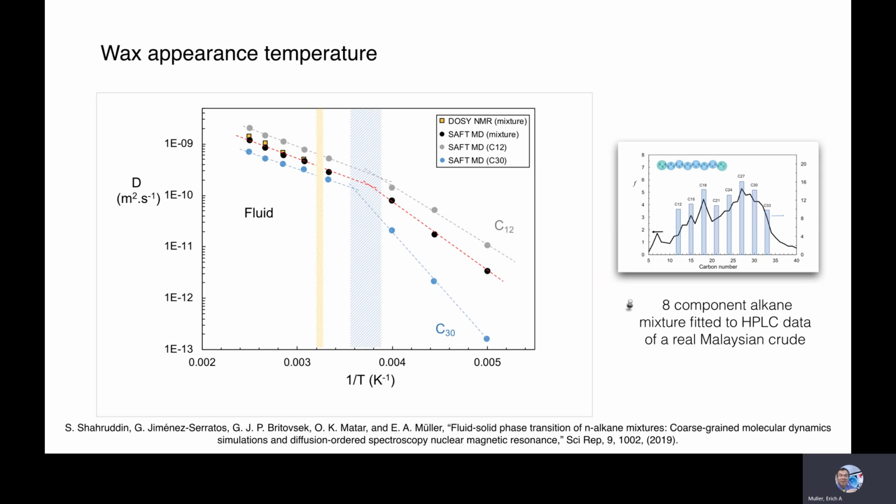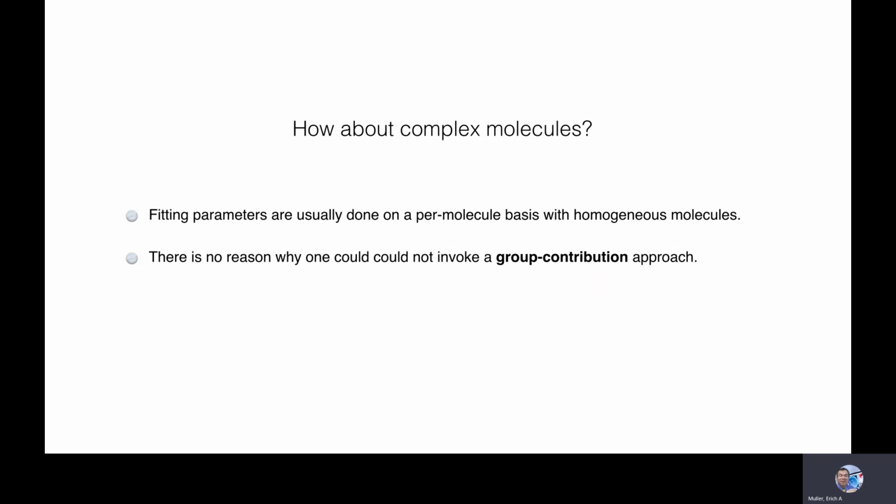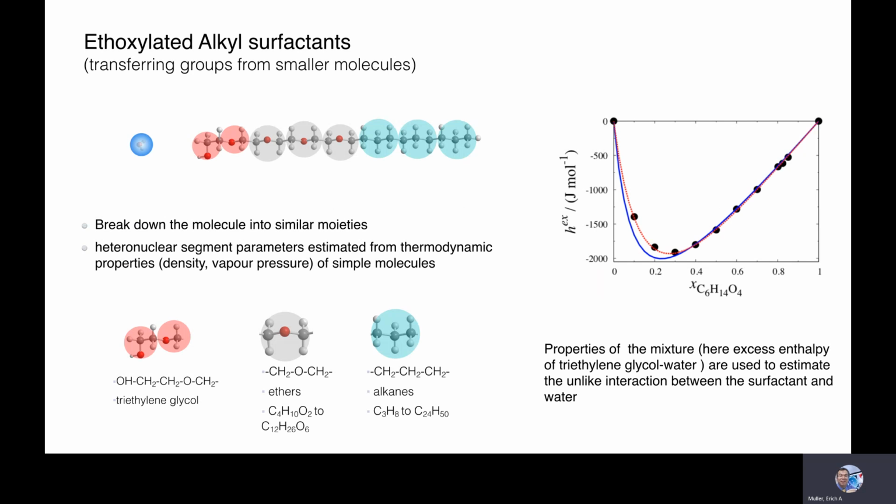So I've given away a little bit about how to consider complex molecules. Unfortunately, we fit parameters on a per-molecule basis with homogeneous models. But there's no reason why one could not invoke a group contribution approach. I'm going to show you the case of ethoxylated surfactants.